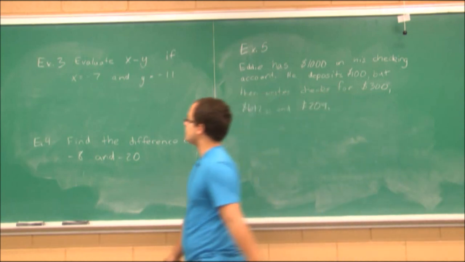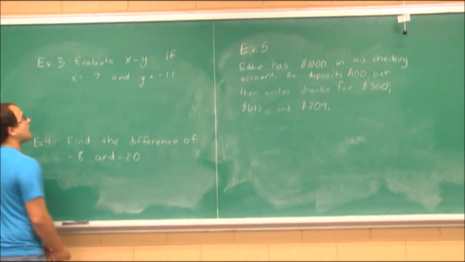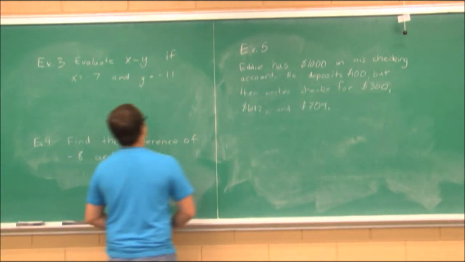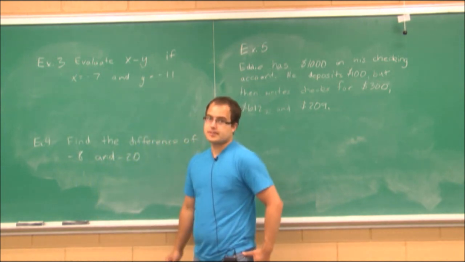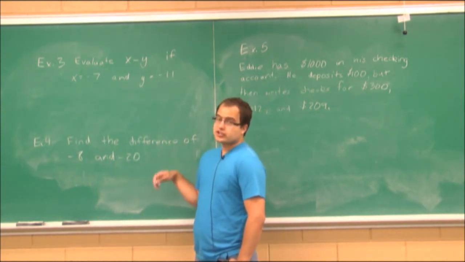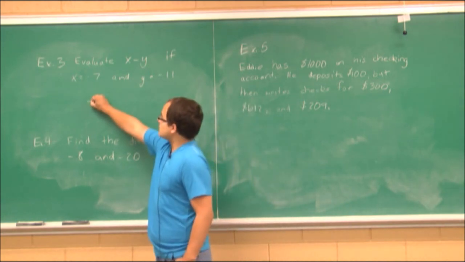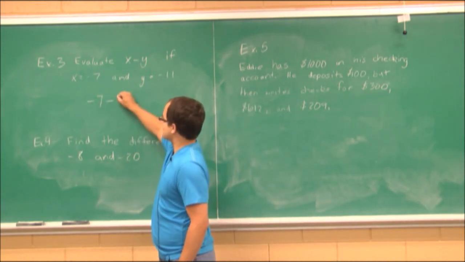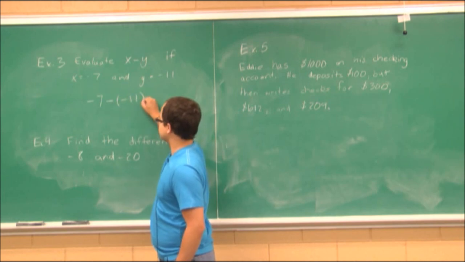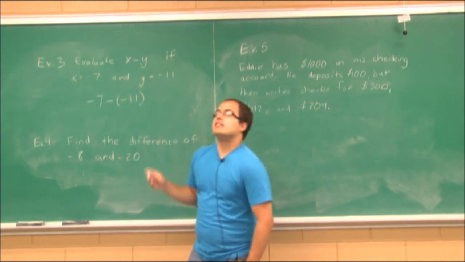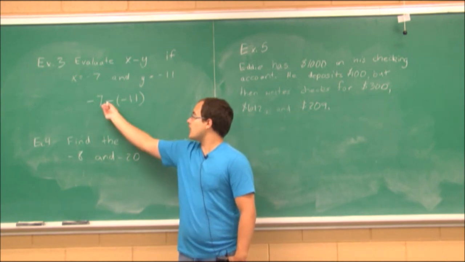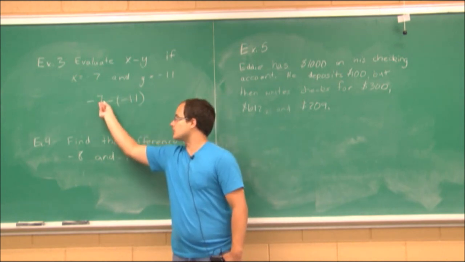Now example 3, evaluate x minus y if x equals -7 and y equals -11. So the first thing you do is substitute your values in for x and y. So -7 minus -11. Again, the first step I like to do is simplify signs that are right next to each other.